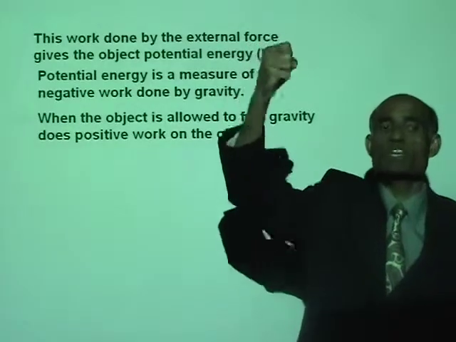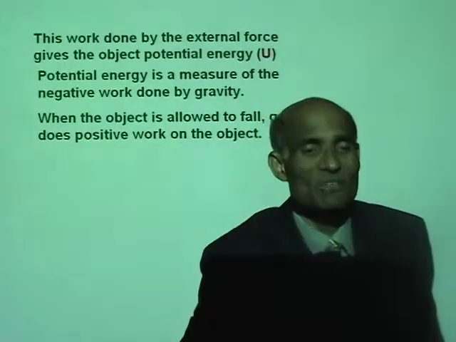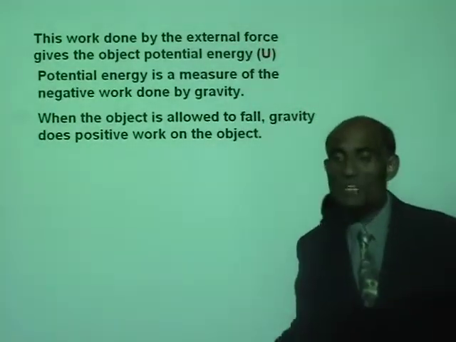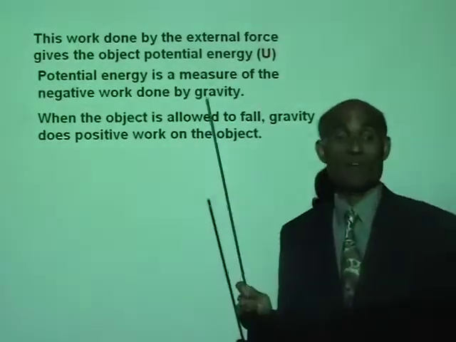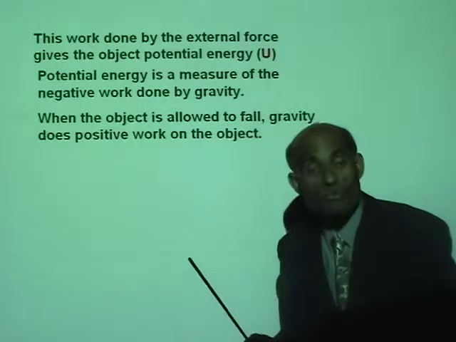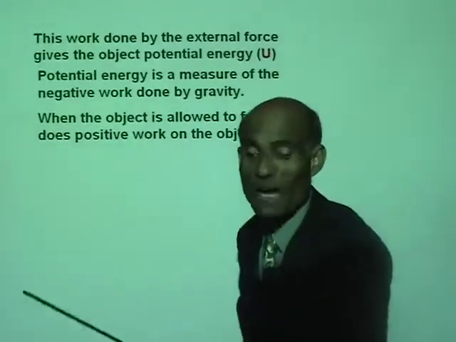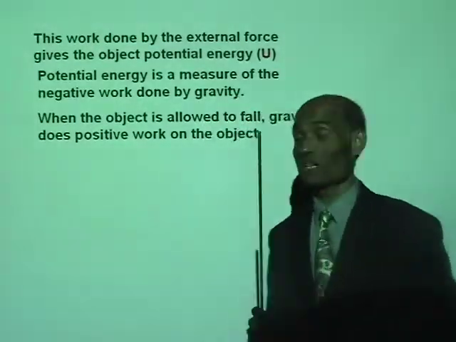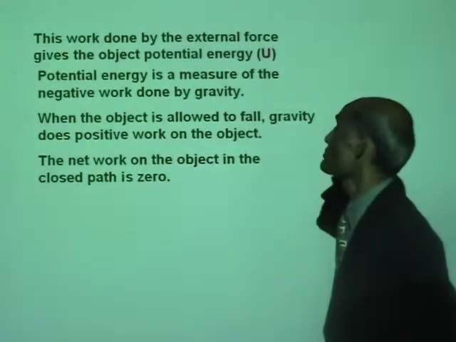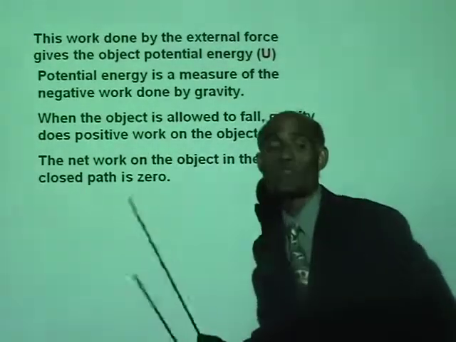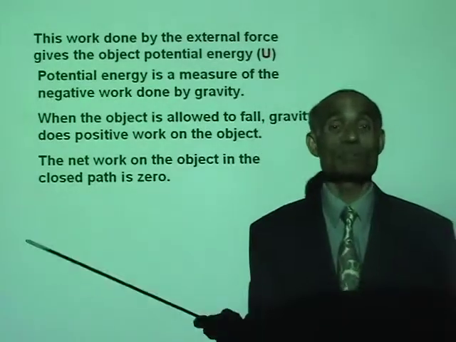What is the net work done by gravity? While raising it, the work done by gravity is negative. While allowing it to fall, work done by gravity is positive. The net work done on the object in a closed path, therefore, is zero.